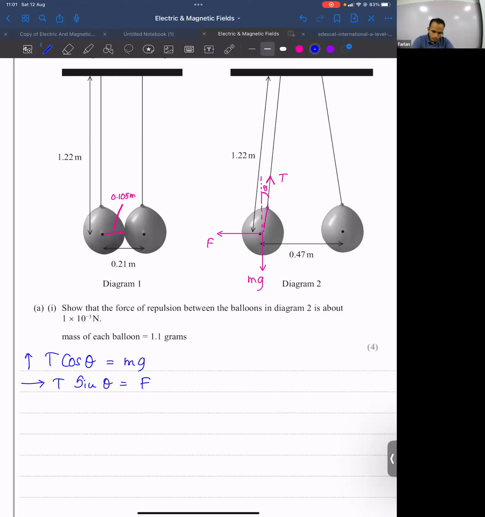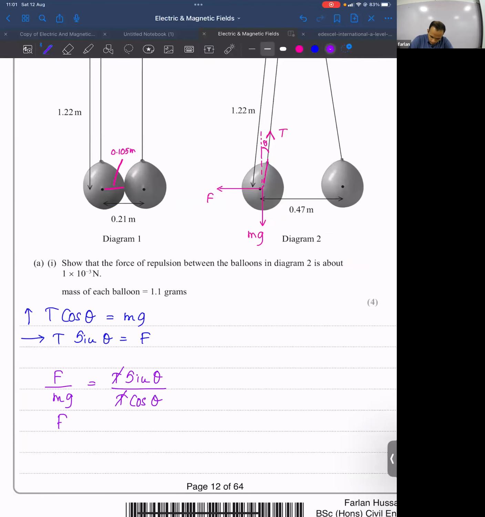If I divide the two equations, F divided by mg equals T sin theta divided by T cos theta. The T and T will cancel off. So F over mg equals sin theta over cos theta, which is tan theta, and cross multiplying, F equals mg tan theta.